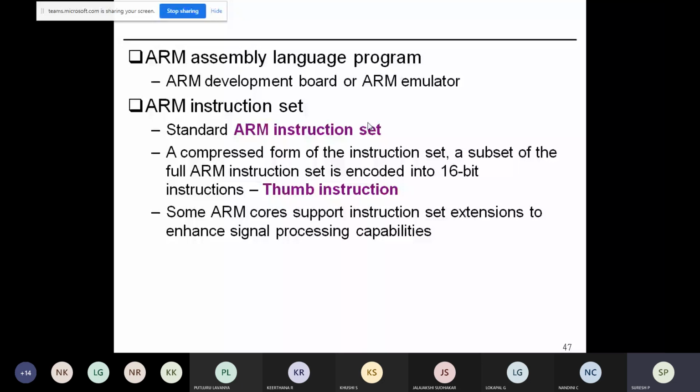That's why Thumb instructions will run faster compared to ARM instructions, because they use only 2 bytes per instruction. When it is accessing the instruction, only 2 memory locations have to be accessed, whereas in the ARM instruction set, the same instruction has to be accessed from 4 memory locations. When accessing 4 memory locations, some more operations have to be performed.